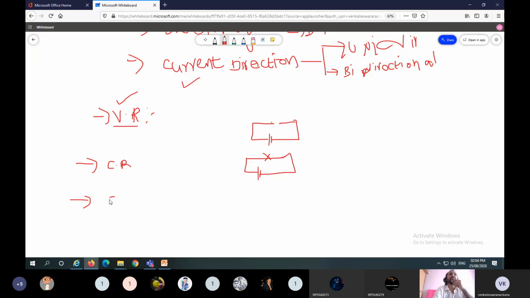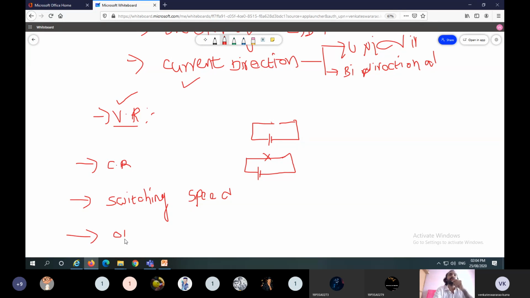Next, the third one is switching speed. The speed at which a device can make a transition from on state to off state, or off state to on state, is known as switching speed. If the switching time is less, the losses associated with power semiconductor devices are also less.